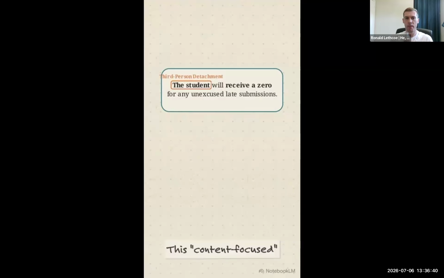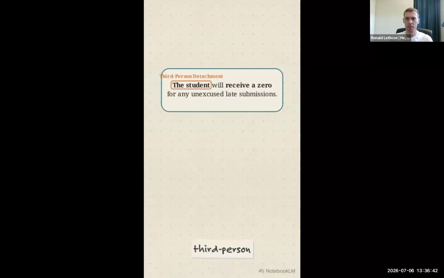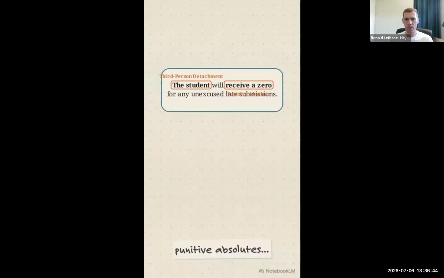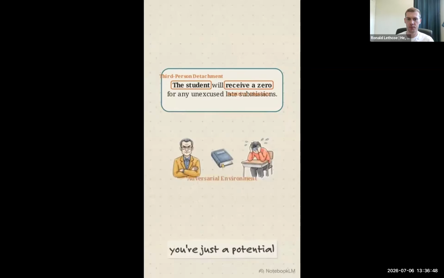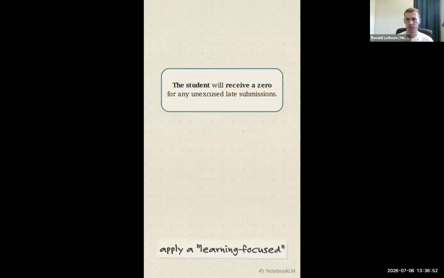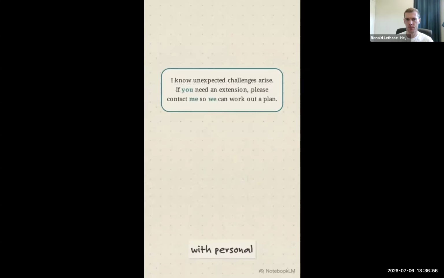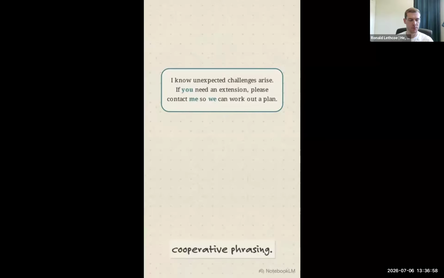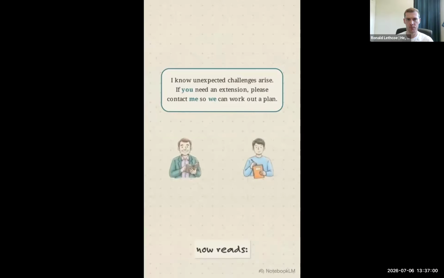This content-focused framing relies on third-person detachment and punitive absolutes, signaling an adversarial environment where you're just a potential rule breaker. But watch what happens when we apply a learning-focused shift, replacing those detached terms with personal pronouns and cooperative phrasing. The policy now reads, I know unexpected challenges arise. If you need an extension, please contact me so we can work out a plan.